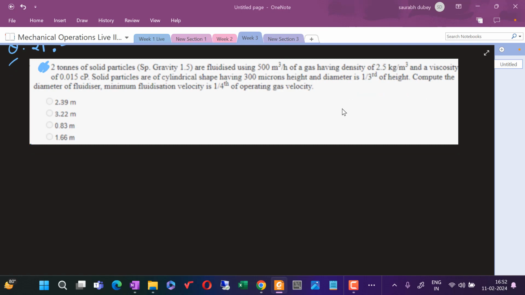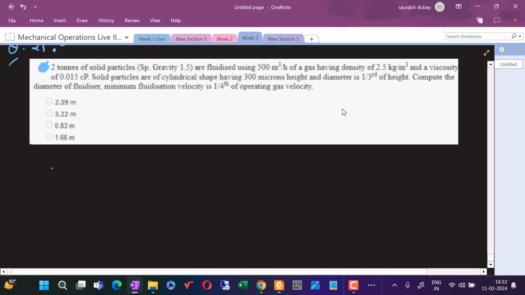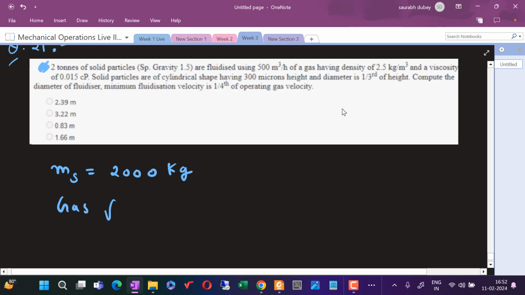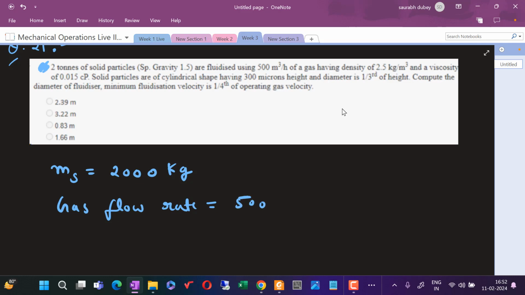So the data given is that the mass of solids is 2000 kg, so 2 tons. The gas flow rate is 500 meter cube per hour.